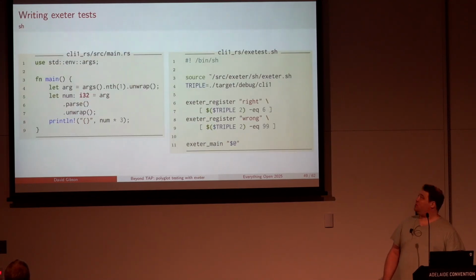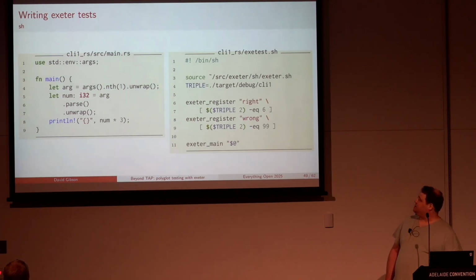So an example, here's a shell one. Here's our little command line thing in Rust again. And here's how you'd write an Exeter test for it. So you source this exeter.sh. This is basically the closest you can get to an import of a library in shell. This is just a variable with the binary we're testing. And you say exeter_register for each test.